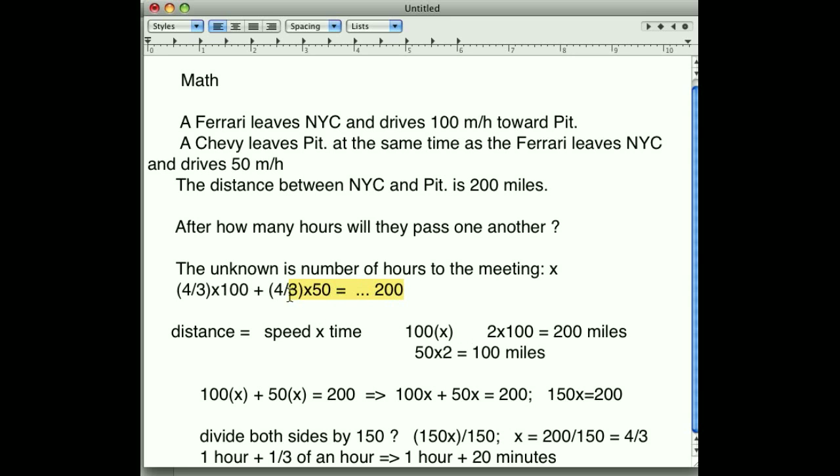This is called verification, that after we found the solution, x equals 4/3, we can put it back in the equation and make sure that we get the correct result.